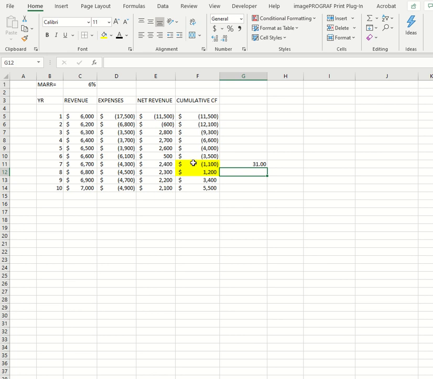Let's see, we got something wrong because this value should be somewhere between 7 and 8. So let's look and see what we've done here. Alright, so we have the negative is a positive. Let's see, this should be the difference here.